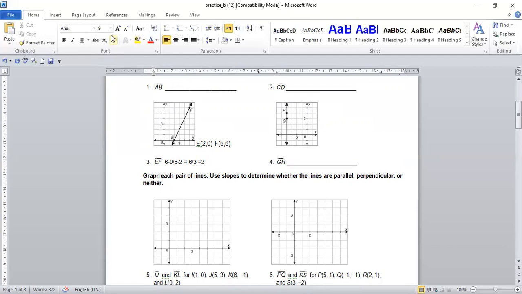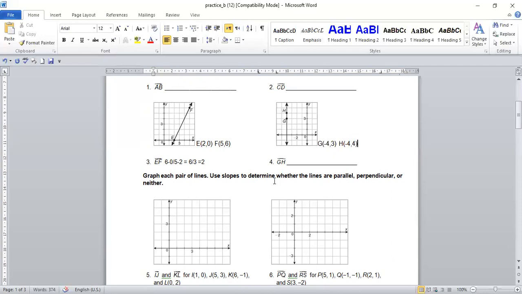Okay, so let's write down the coordinates first. So for G, it's going to be negative 4 and 3. And for H, it's going to be negative 4 and 4.